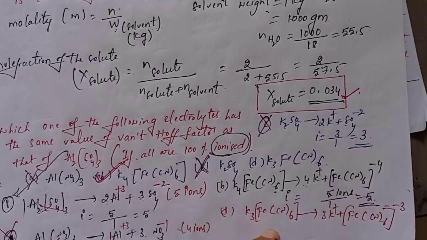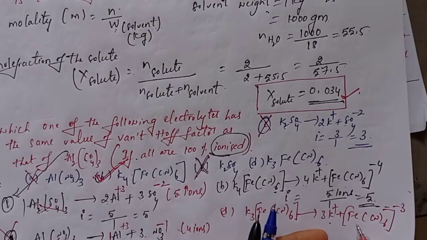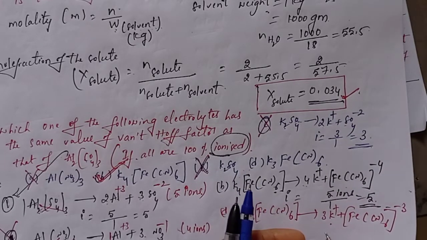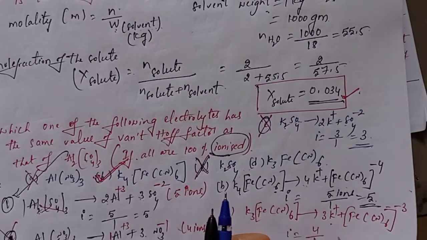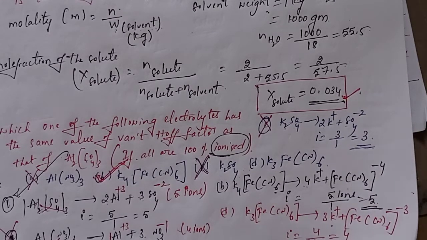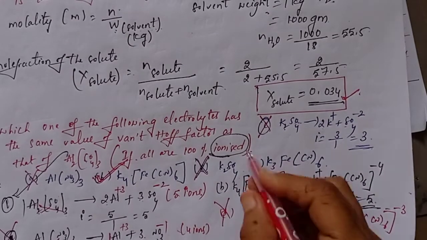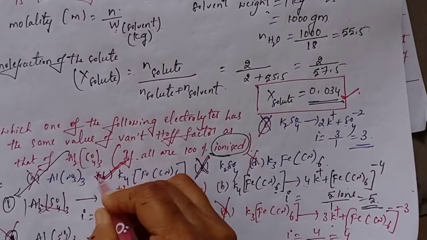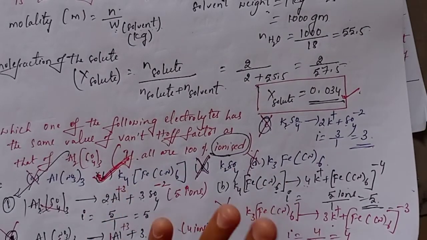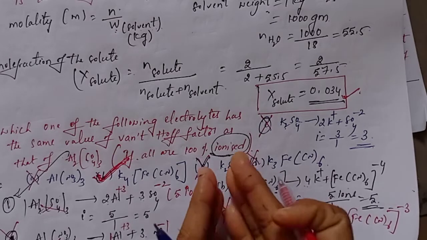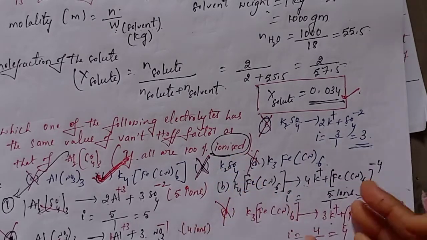This one's charge is plus. Total ions 3 from potassium, and here 1 ion. Total 4 ions. 4 by 1, i value how much, students? 4. So this is also a wrong option. Are you following? Which is the correct one, students? B option is the correct one. Clear this one? So this is based on the Van 't Hoff factor problem, students. Like this you have to find it.